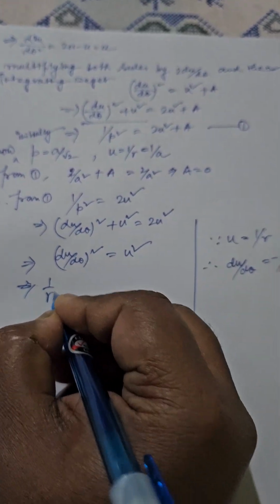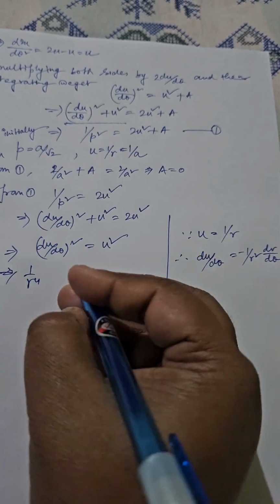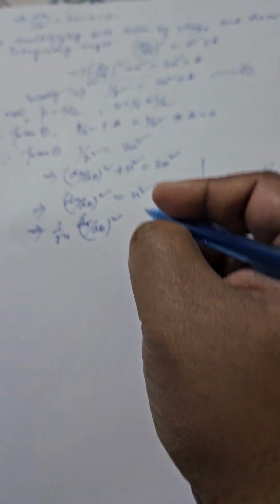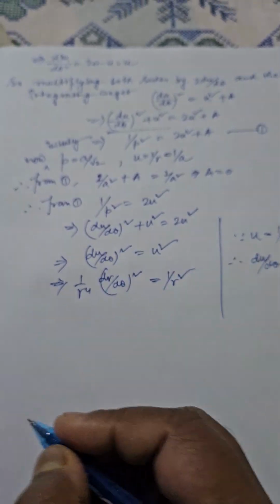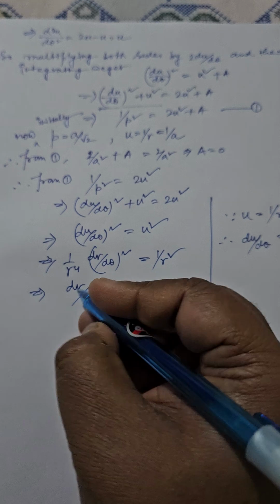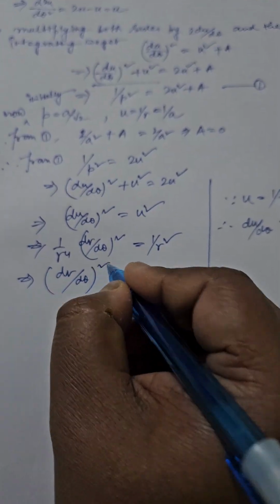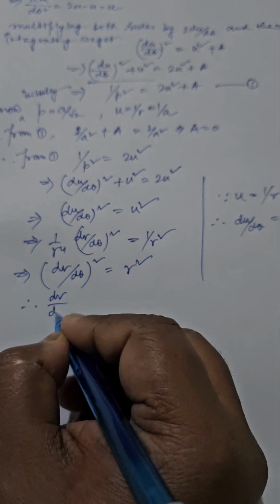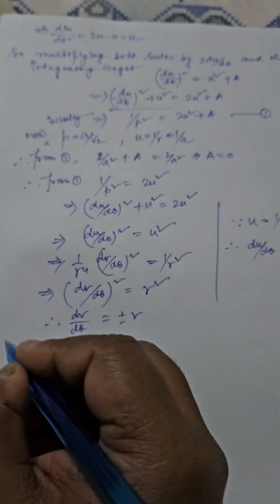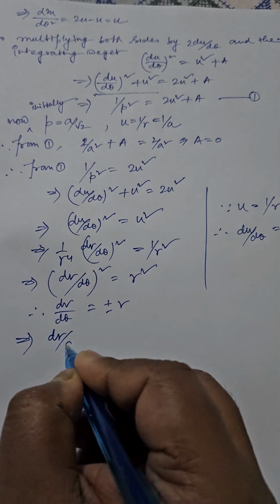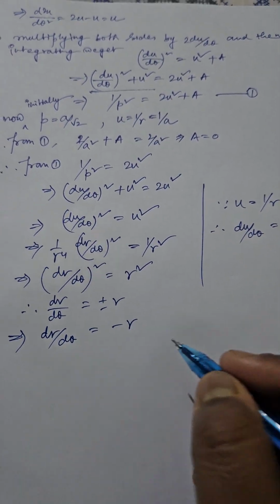Taking the square on both sides, you will get 1 by r to the power 4 dr d theta whole square, that will be equal to 1 by r square. And from here, dr d theta whole square will be r square. So dr d theta will be plus minus r. Because the force is attractive, we are choosing the negative sign.